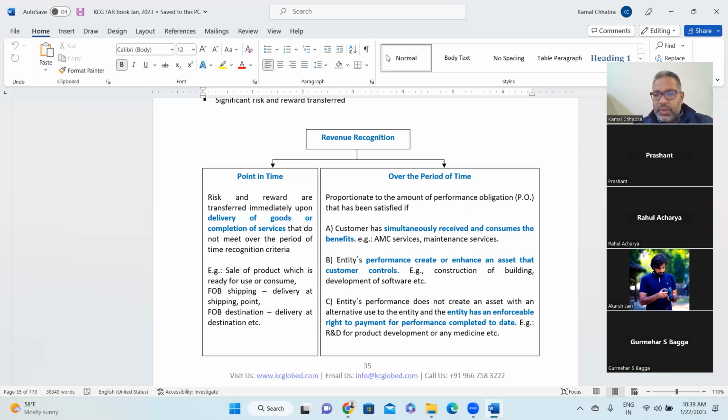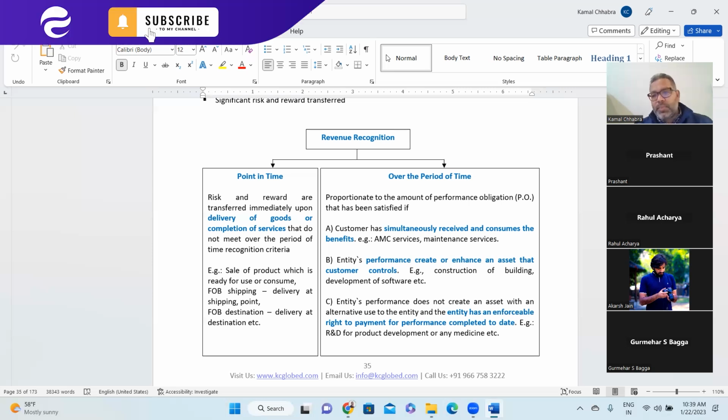Make sense? So if Prashant and Rahul are developing that platform for MRF Tires or maybe JK Tires, then they can recognize the revenue over a period of time because that asset has no alternative use. And the most important part here is that the entity has an enforceable right to payment. Make sense?